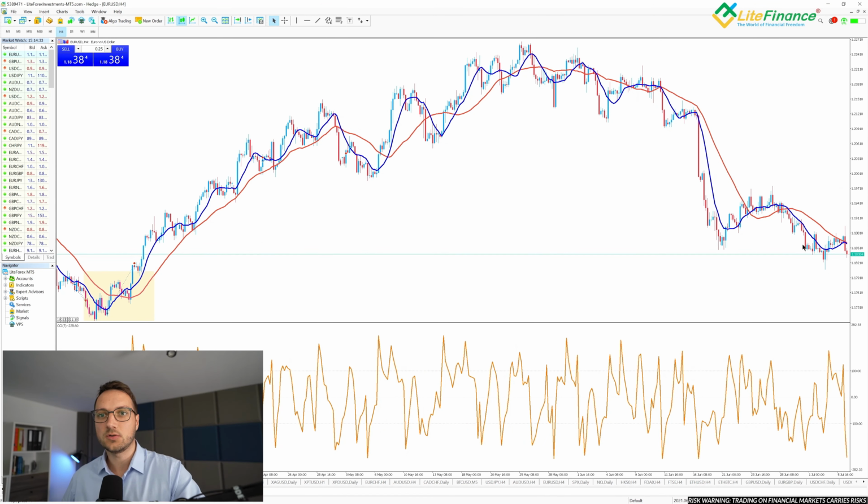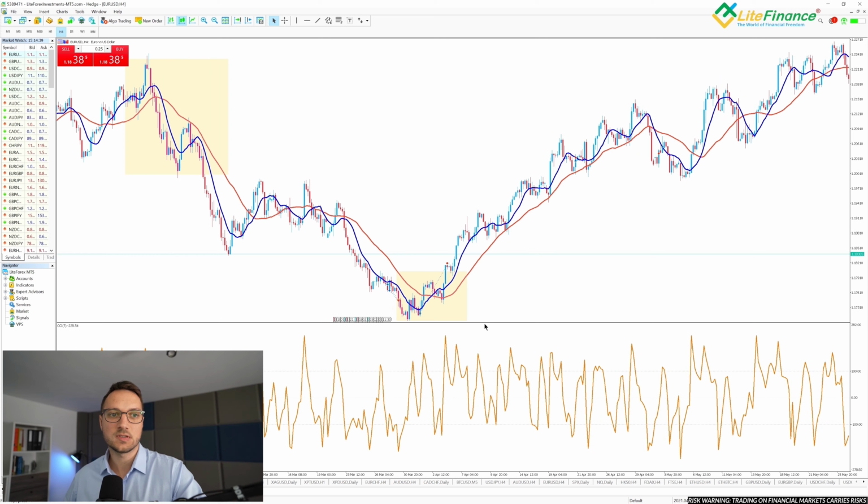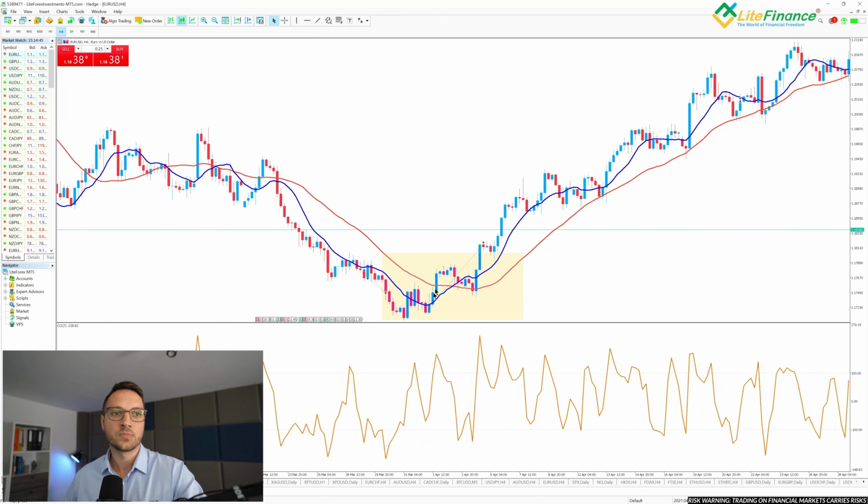This is a real-time chart, and I will just scroll to the left to check examples. This is an example of a buy signal, and let's discuss it in detail. As you can see, the first thing is that the 10-period moving average needs to cross the slow moving average, the 30-period.